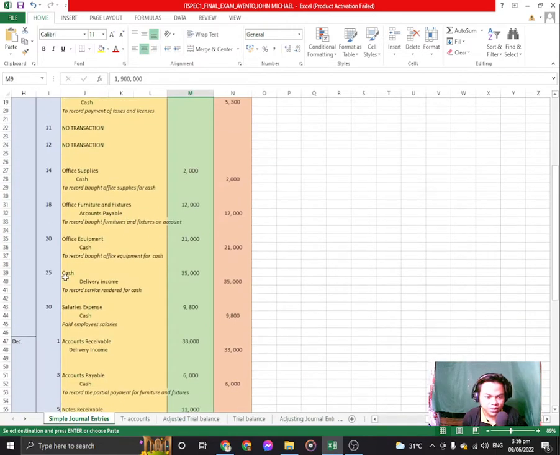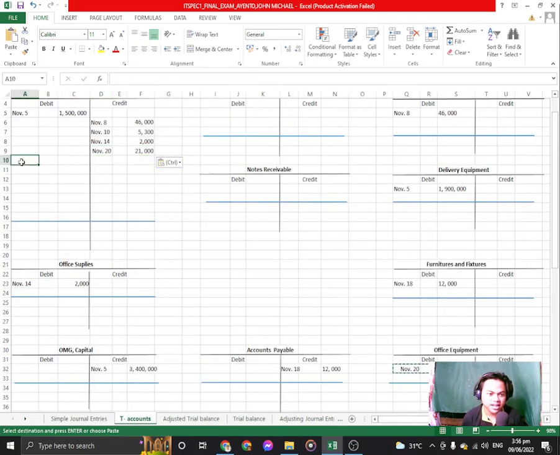For November 25, you have cash 35,000 pesos and delivery income 35,000 pesos. November 25, 35,000 pesos.